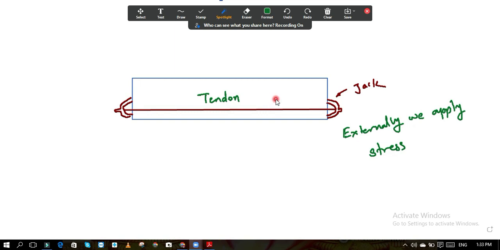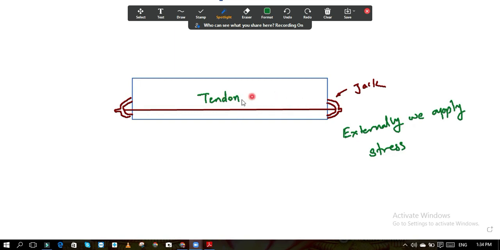So pre-stressing is nothing but this: a normal beam is there, but we apply an external stress or external tensile force on this tendon, so that the stresses get developed in the tendon, and then that stress is transferred to the concrete surrounding it.